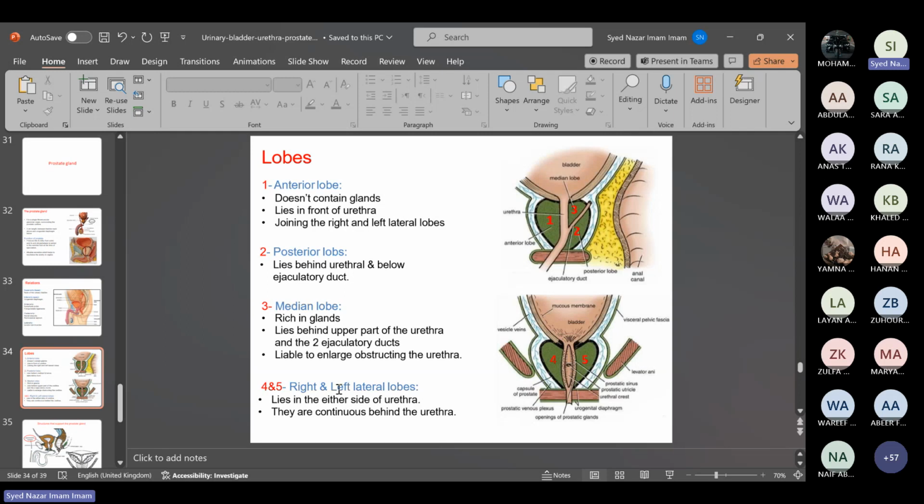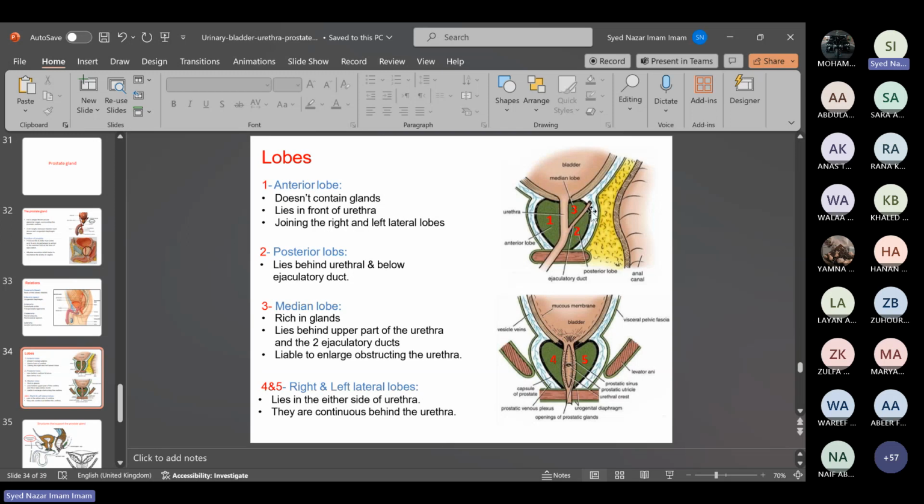Lobes. This is very important for you to know. We have anatomical lobes and surgical lobes. With respect to the urethra, we have the lobe anterior, called the anterior lobe. Posterior to the urethra, this is divided into two parts.